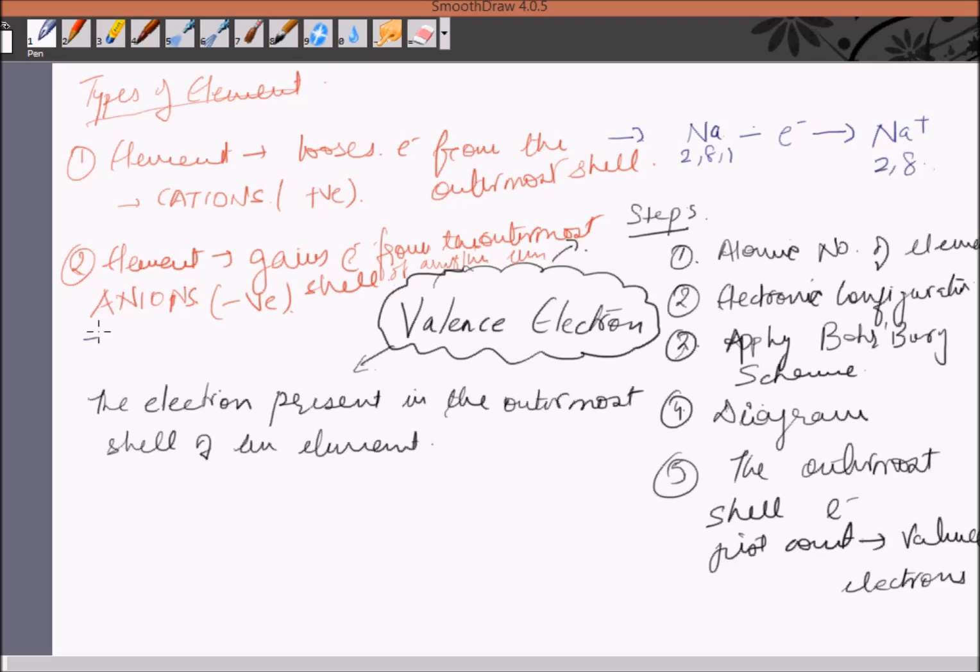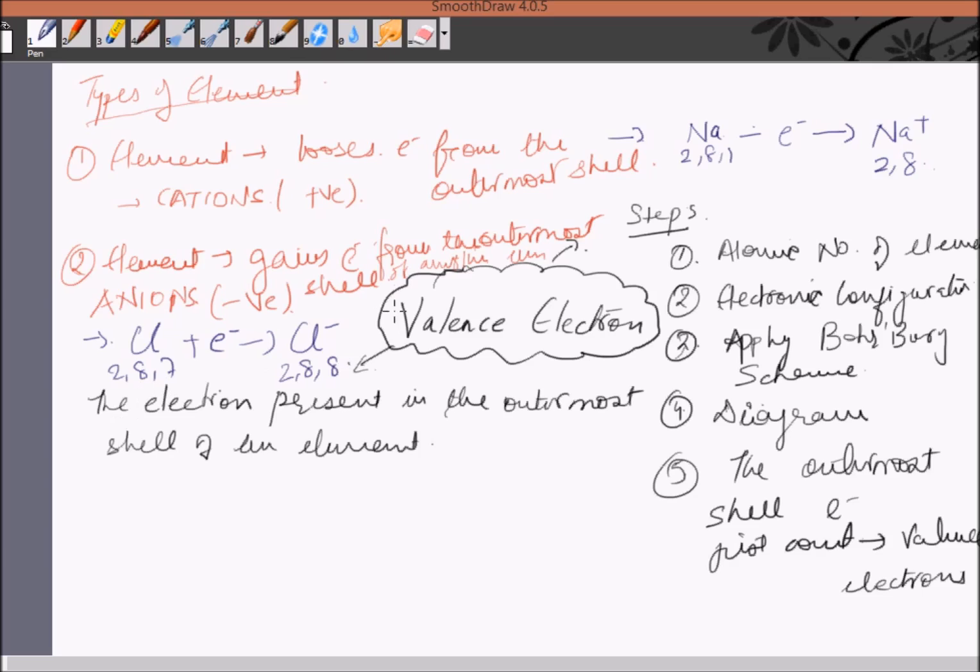Now if we take the example of an anion, that is the negatively charged ion, we take chlorine, 2, 8, 7 with the electronic configuration, we add the electron and we'll get this 2, 8, 8, right? So these are basically the types of elements depending upon the valence electrons, as some gain electrons to the outermost shell and some lose from the outermost shell of the element.